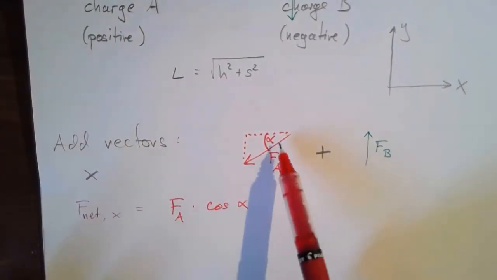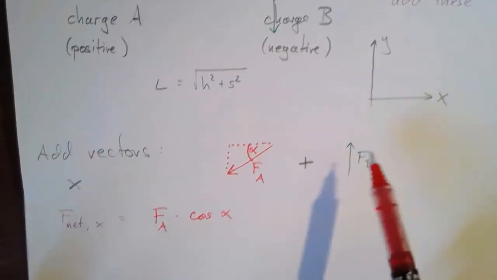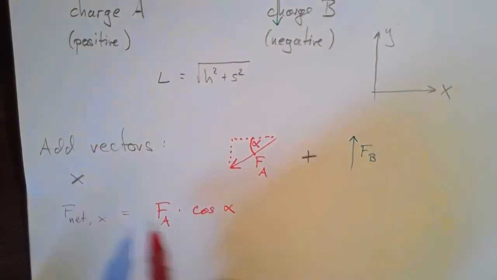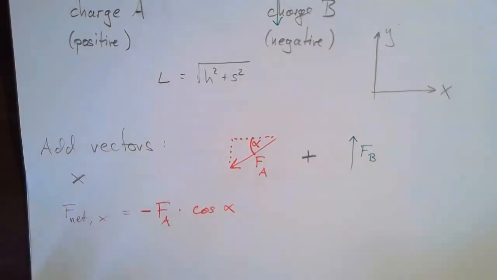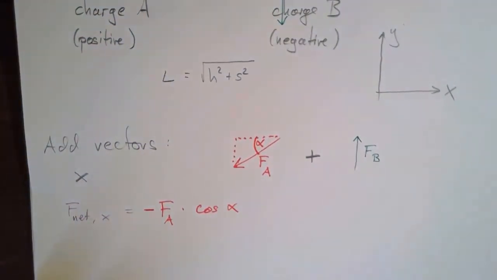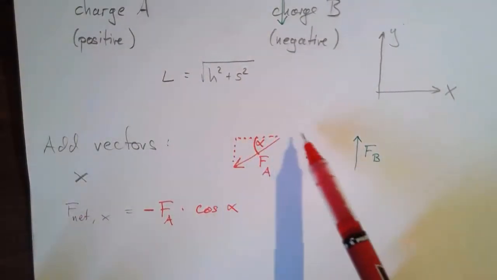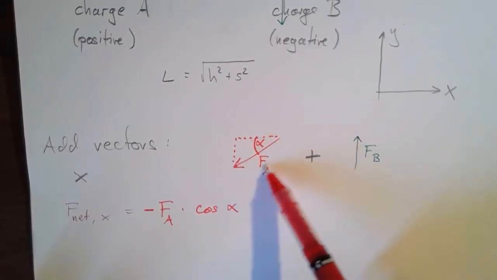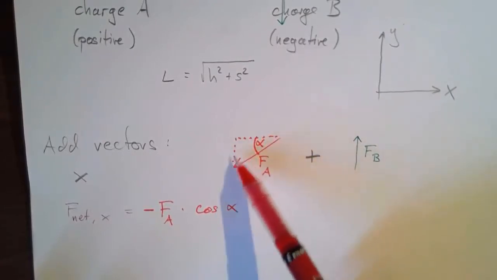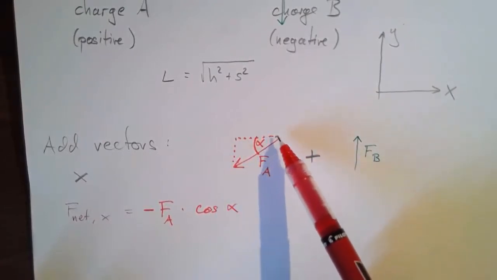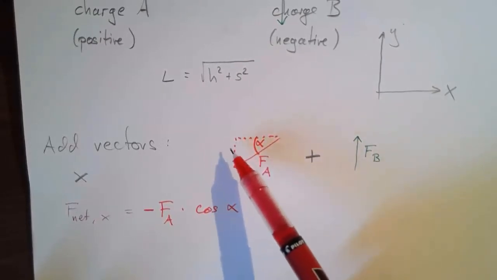But I have to be careful, right, because this one's to the left and my coordinate system has x pointing to the right, so this is going to be negative. The length of this just shows me the strength of the force in the horizontal direction, the horizontal component of this, right? And I can see it's to the left.